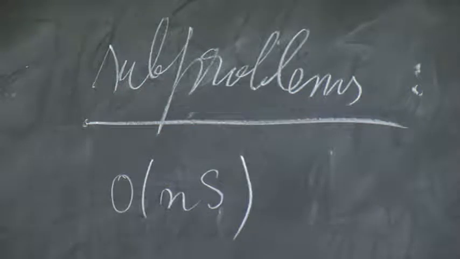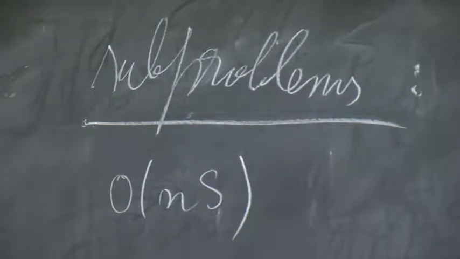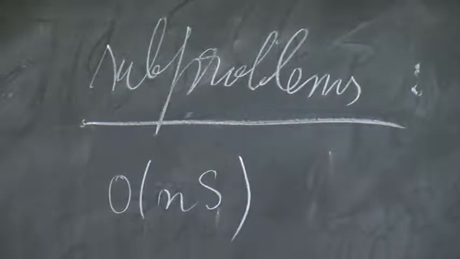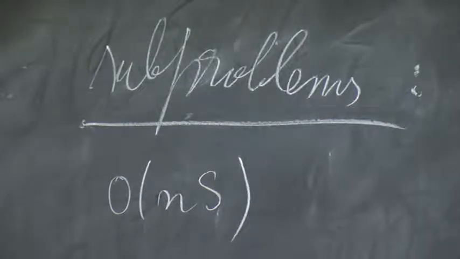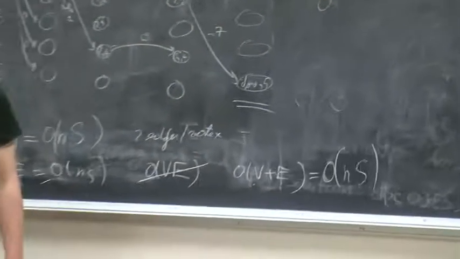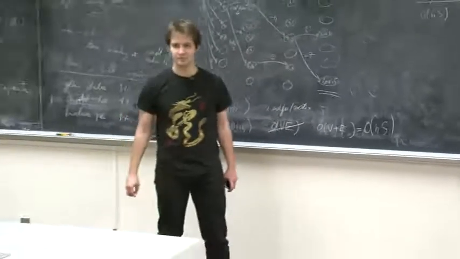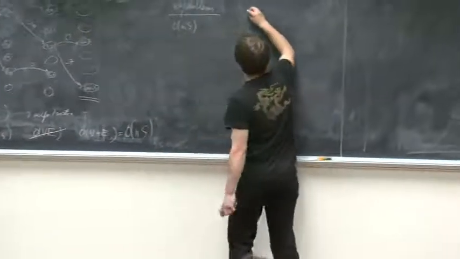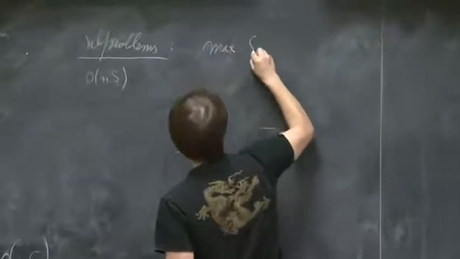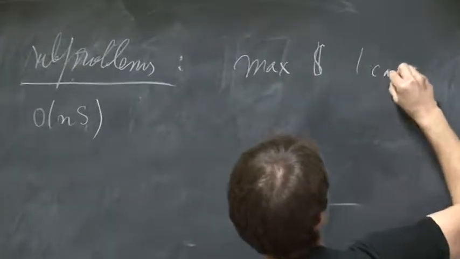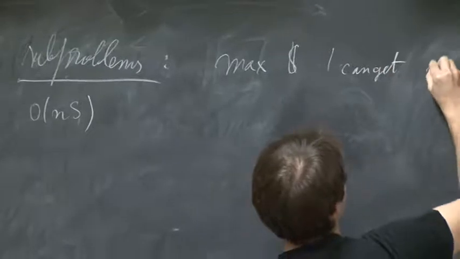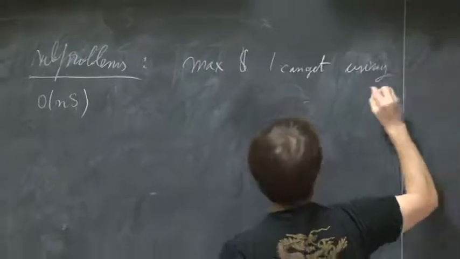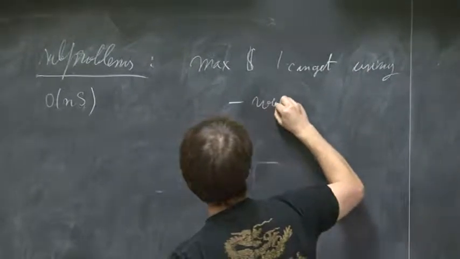Okay, yes? So one subproblem would be getting the most amount of money for that given week, or for that total weight. Okay, I like that. So let's start writing. What is the maximum value that I can get using a certain weight?